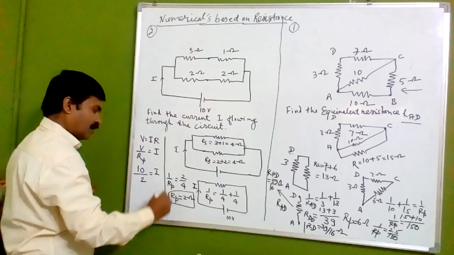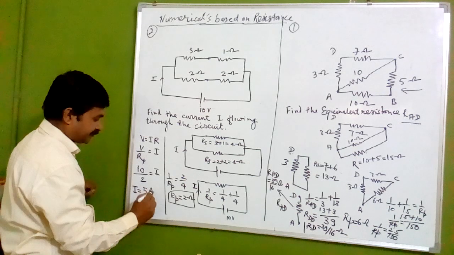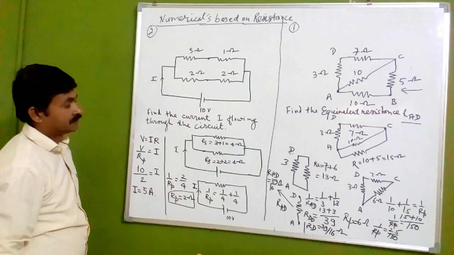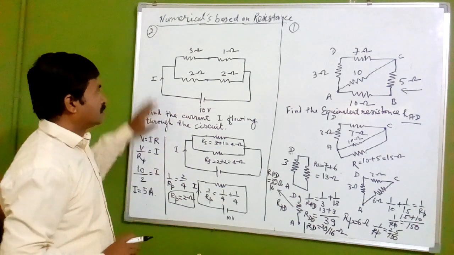So ultimately the value of current is going to be 5 ampere. Okay. So this way we can solve the circuit.